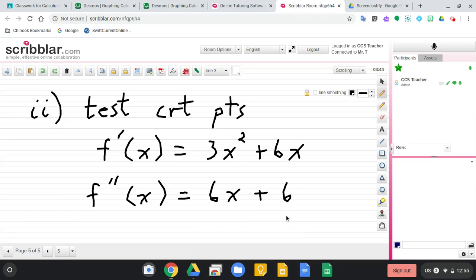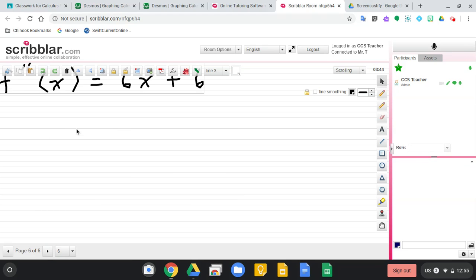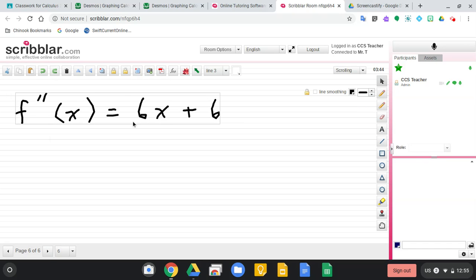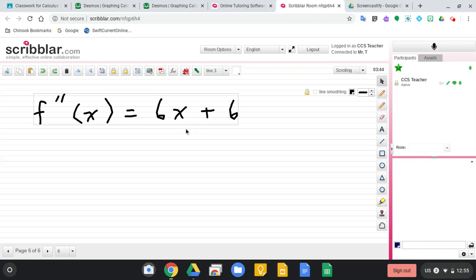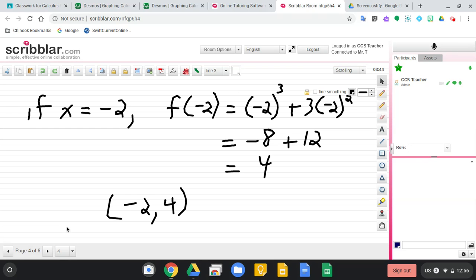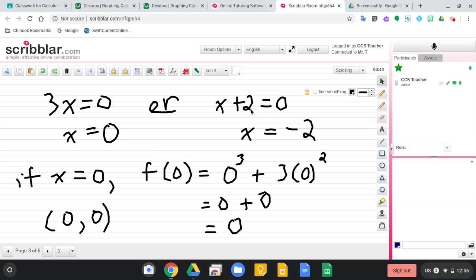There's my second derivative. Now I can actually take and quickly copy this. I am going to copy this, go to the next page and paste it. There's my second derivative. So how do I use this to test my critical points? Well, if I go back to page 3, I had a critical point at 0, 0.